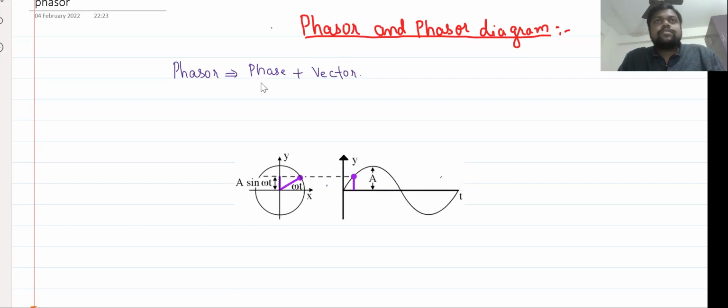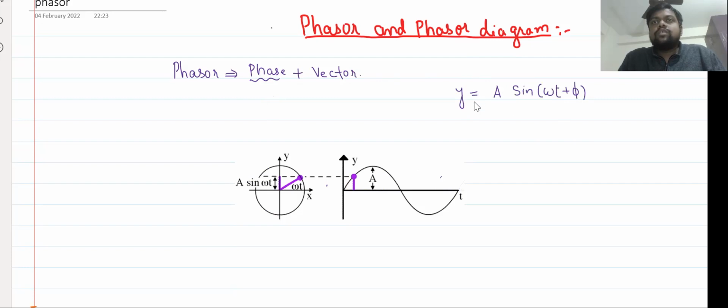And this phase, you may be recalling that it is from anything sinusoidal function is there. Suppose y is equal to A sine omega t plus phi.